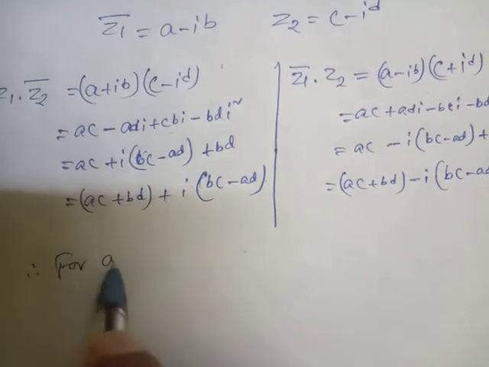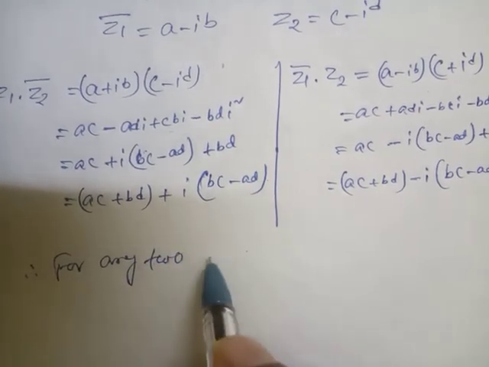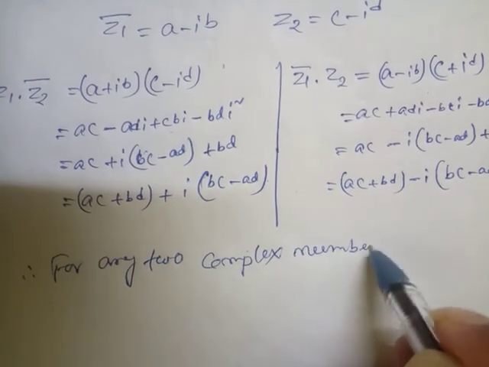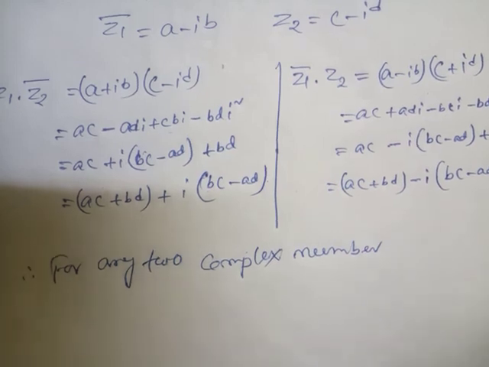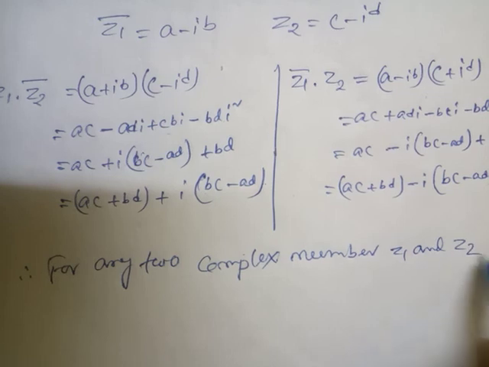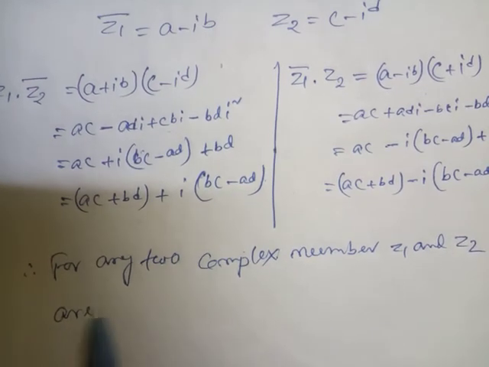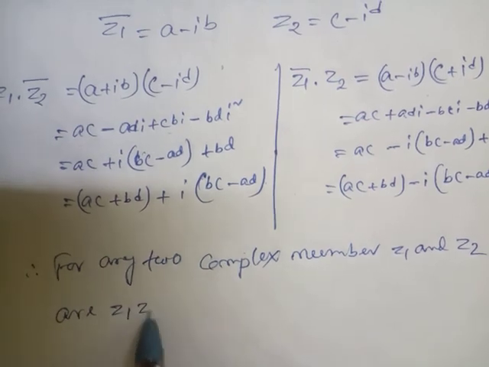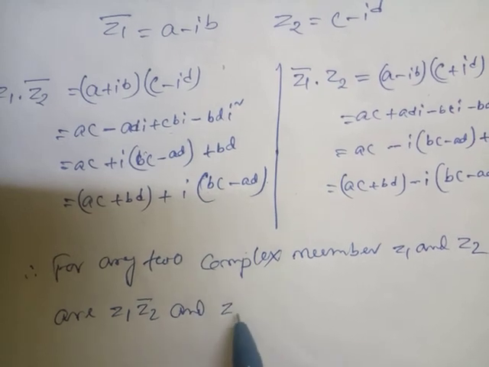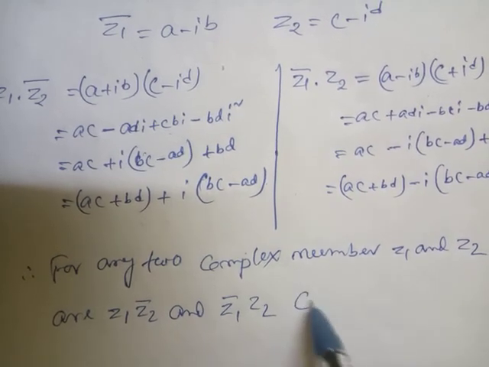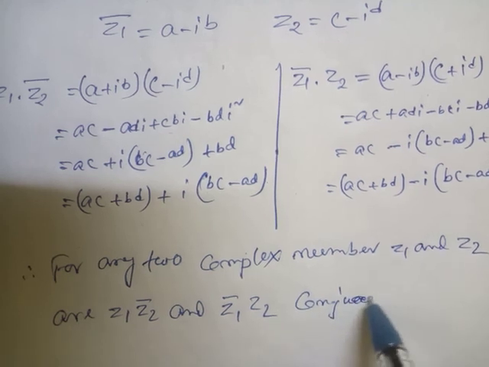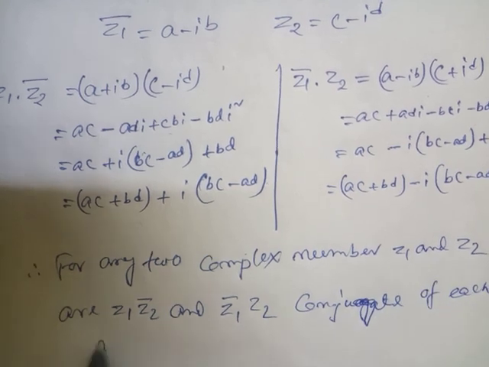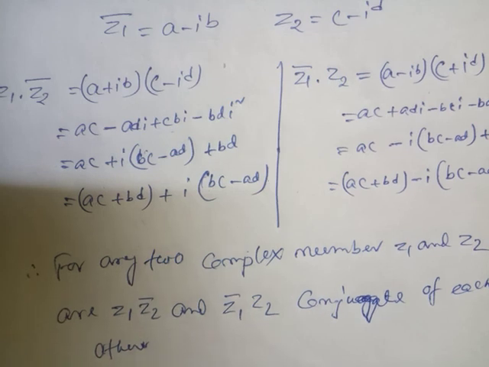For any two complex numbers z1 and z2, z1 z2 bar and z1 bar z2 are conjugate of each other. This is the answer of the 5b.